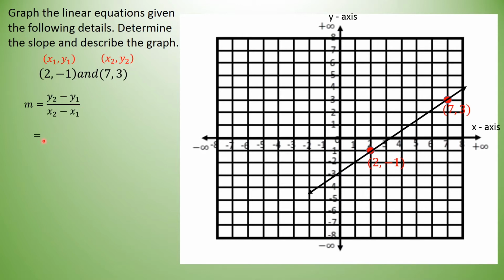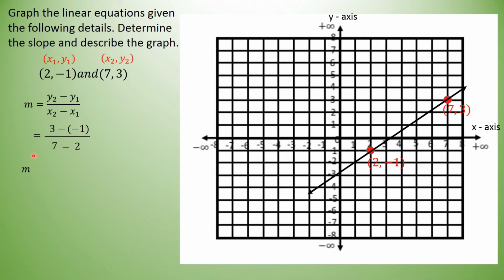So, that would be equal to, ang value ng y sub 2 is 3 minus the value of y sub 1 is -1 over the value of x sub 2 is 7 minus the value of x sub 1 is 2. Next, let us simplify.